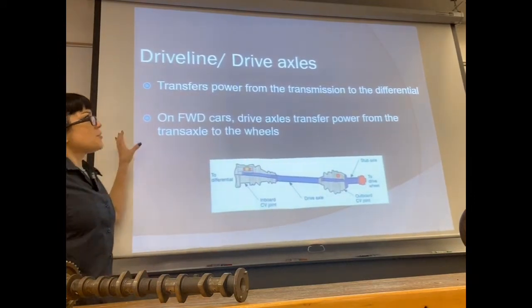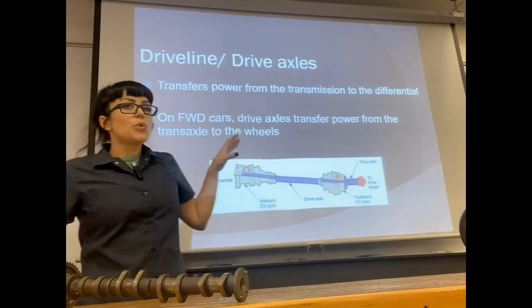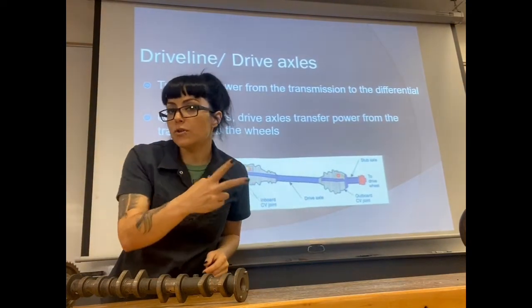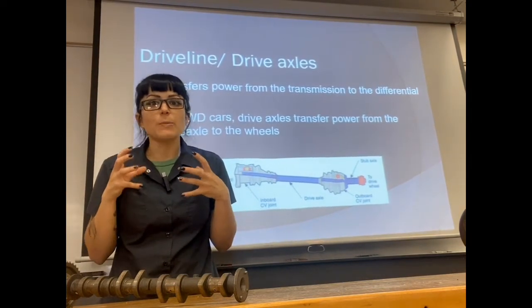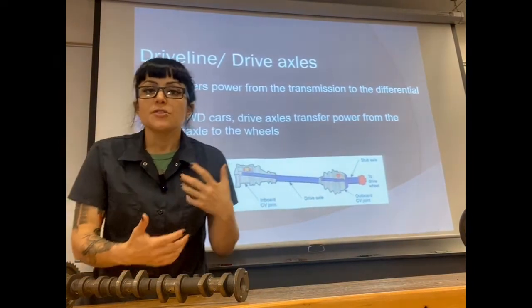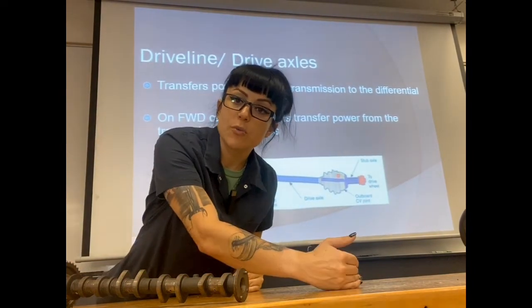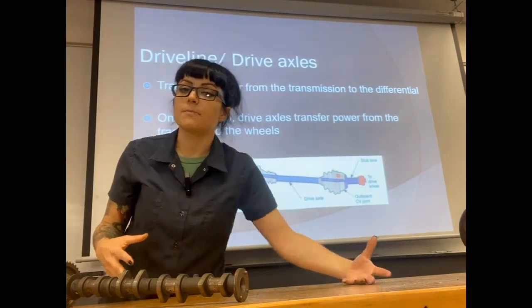Now, after that are the driveline and the drive axles. So once we have multiplied torque or multiplied speed, what do we do with all this torque or speed? It gets transferred out to our drive wheels. So some vehicles will use the front wheels for driving, some will use the rear for driving, some will use all four for driving.